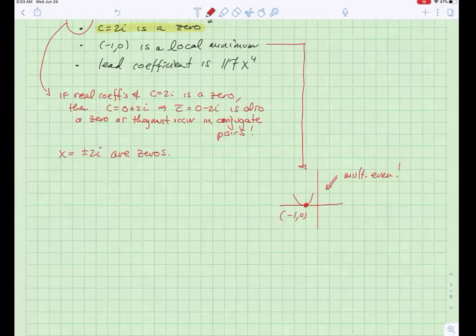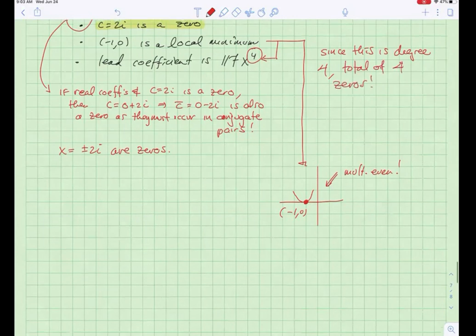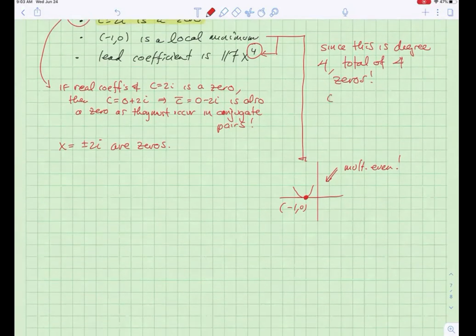But that idea, coupled together with the fact that this is degree 4, since this is degree 4, we have a total of 4 zeros. So c equals plus or minus 2i is 2 of them, which means we need 2 more.